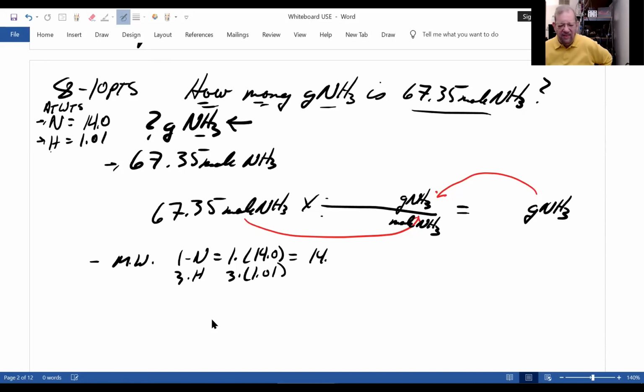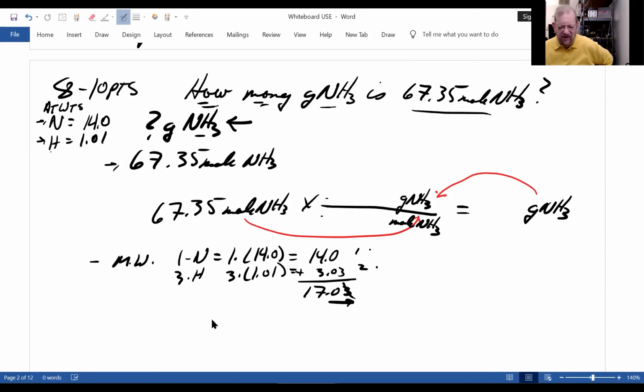Do the math, the multiplication. Add this up. Remember, you get the same number of significant figures to the right of the decimal as the number that has the fewest to the right of the decimal. This is 1, 2. So this should have 1.